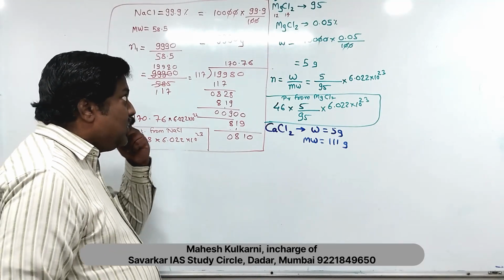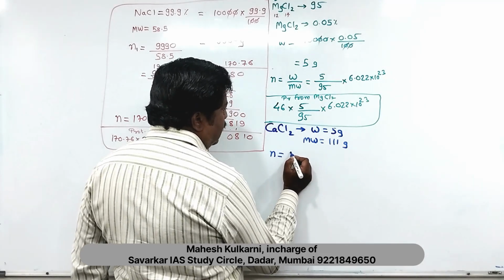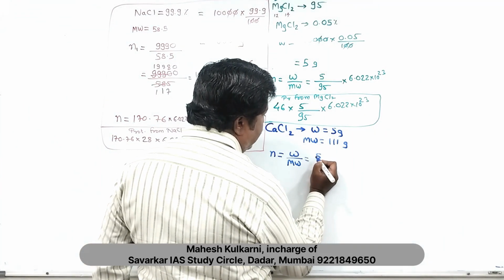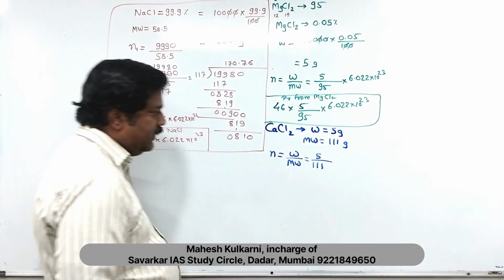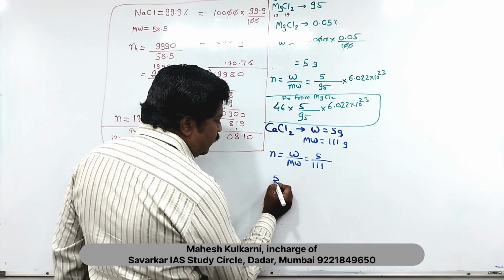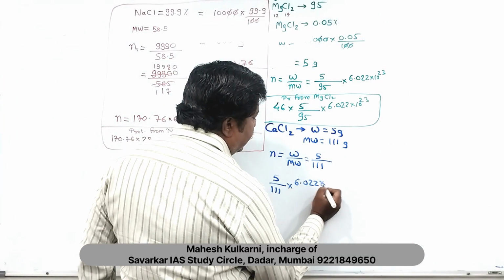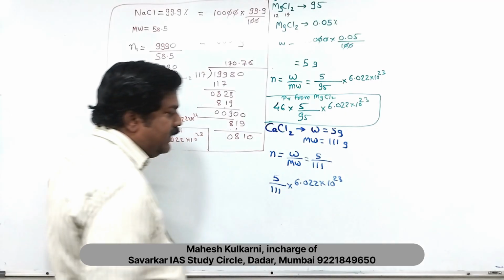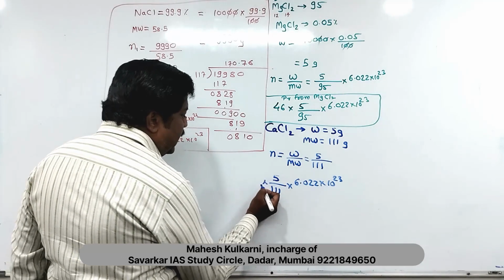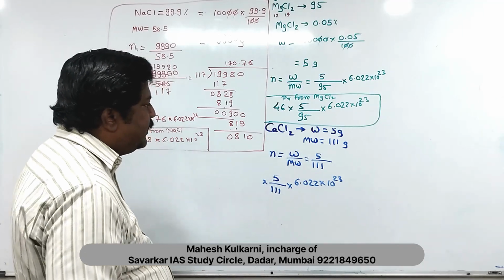And now what I have to calculate, that is number of moles. So N will be equal to W upon MW, that is 5 upon 111. Now number of molecules, that is 5 upon 111 into 6.022 into 10 to the power of 23 and multiply by a single molecule of calcium chloride.